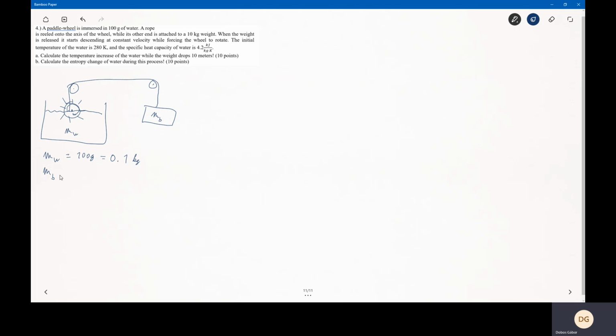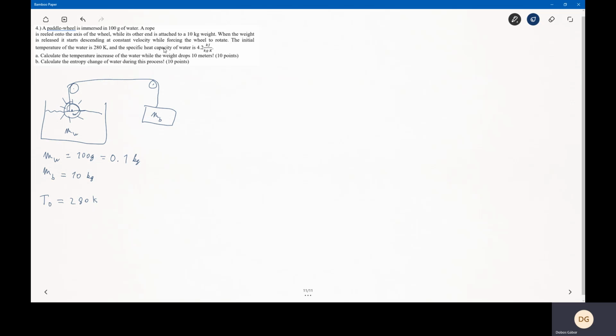So M_B is 10 kilograms. And the problem tells us that the initial temperature of the water is 280 kelvins. So T null is 280 kelvins.